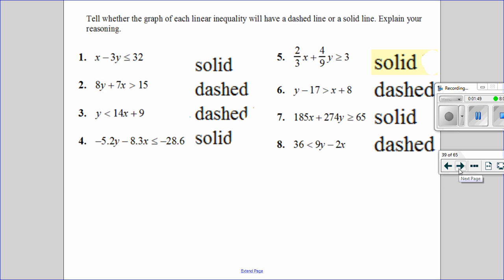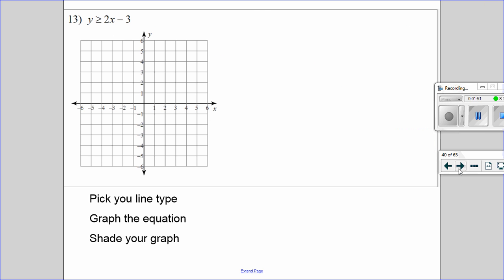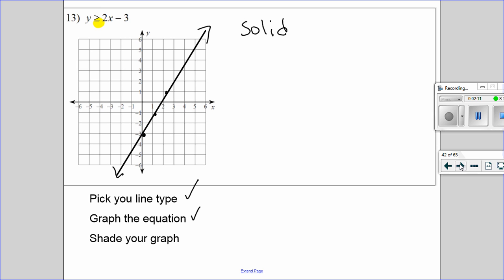Let's take a look at some examples. So I've abbreviated our steps here. The first step again is pick your line type. Then you're going to graph the equation, and then you're going to shade your graph. So picking a line type, since I have the equal to sign, it's going to be a solid. Step 2, I'm going to go ahead and graph the equation.